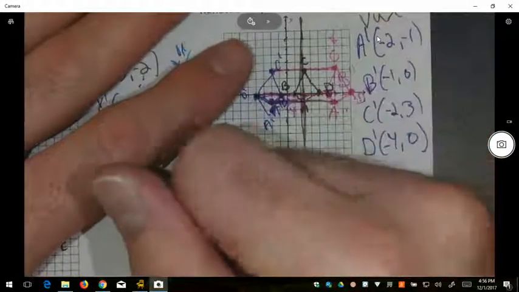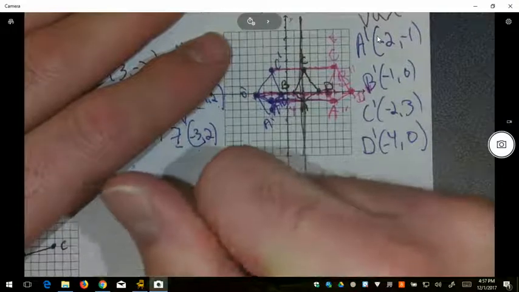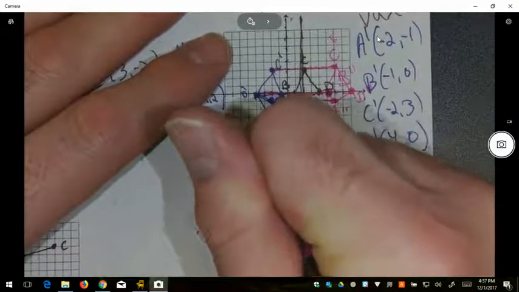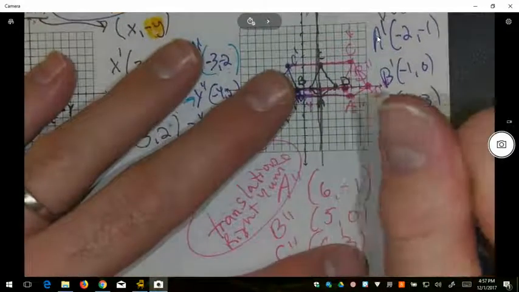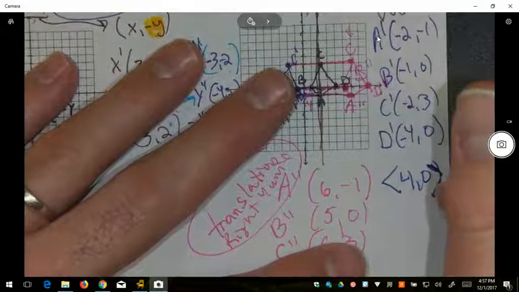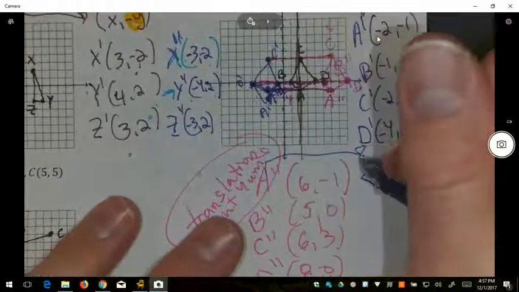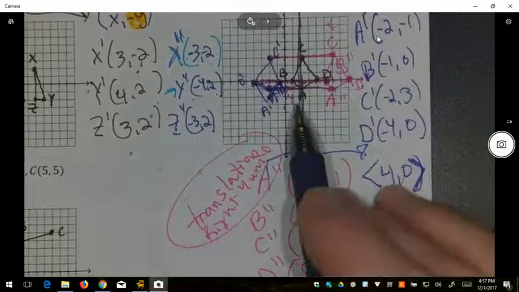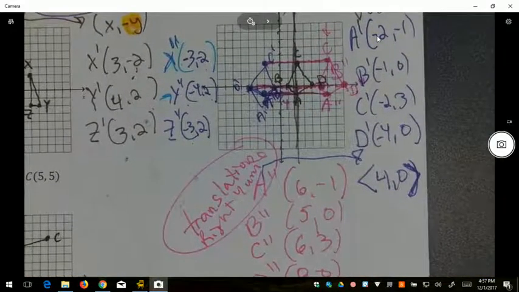So this could have just been a translation of right 4 units to describe it, or as a vector, 4 comma 0. I need to use the brackets for the vector. The translation of 4, 0 would have been from the pre-image to the final image. Save ourselves all that other grief.